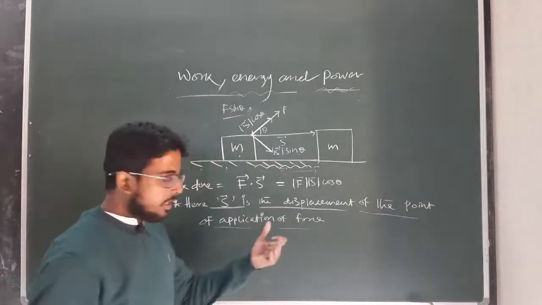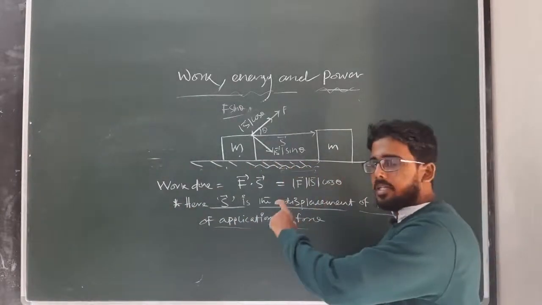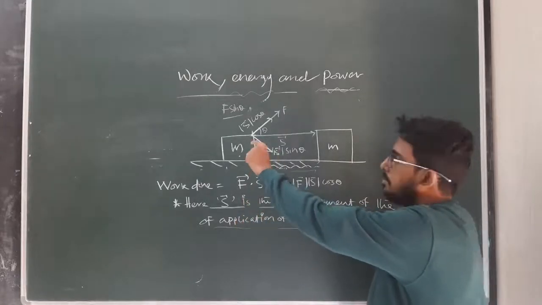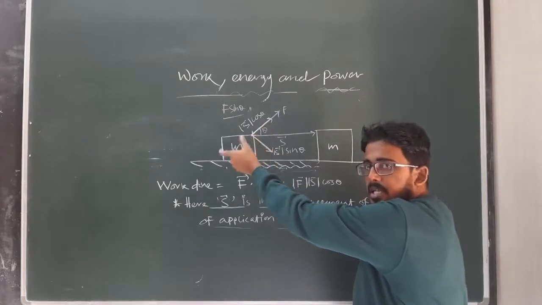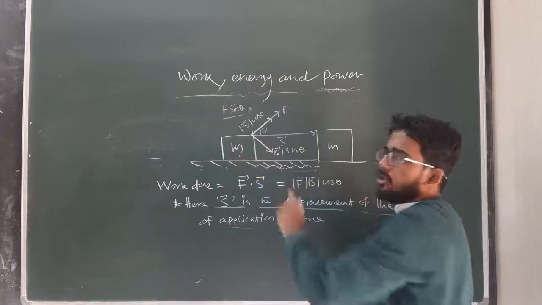But you have to remember, in most of the cases, as we are only dealing with rigid bodies, this is the displacement of complete body, because in case of rigid body the point of application has certain displacement, and that displacement is equal to the displacement of each and every particle of the body.